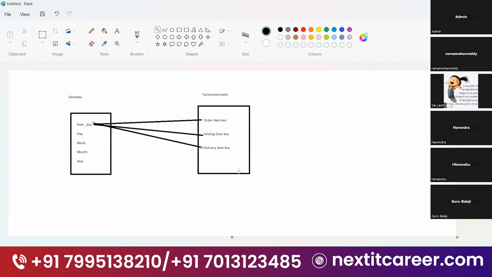Okay, got it? So if some product is ordered and you want to know the order date, it is going to be joined with the date key, and it will pick some date, some week, some month, some year. But the relation between the dimension and fact table will be only with one key, that is the date key.